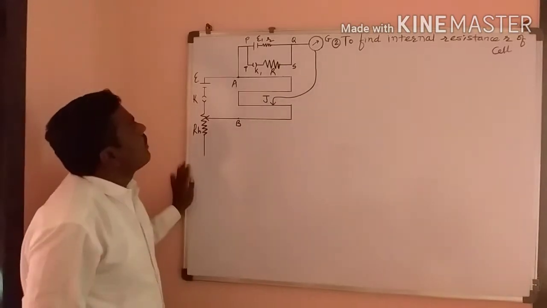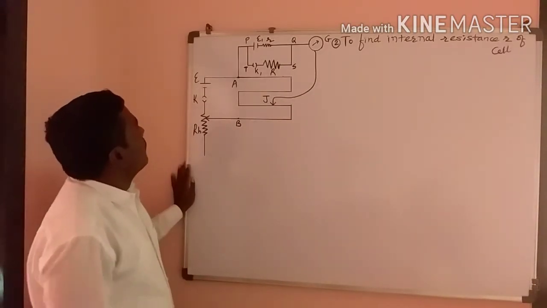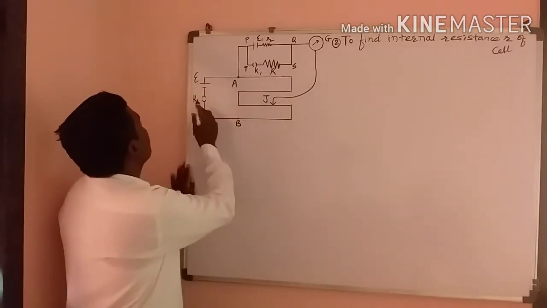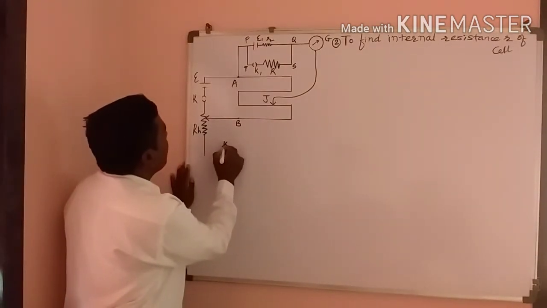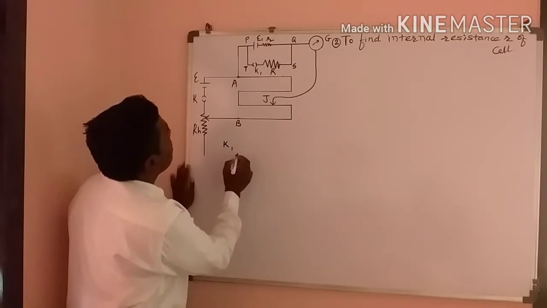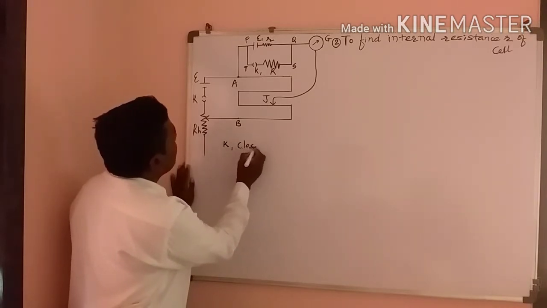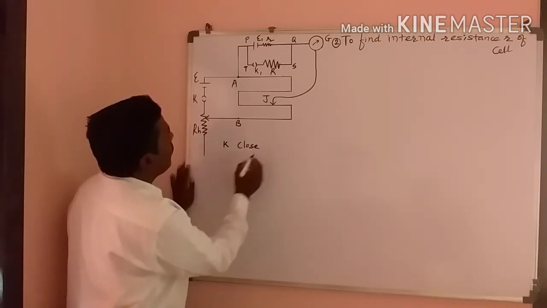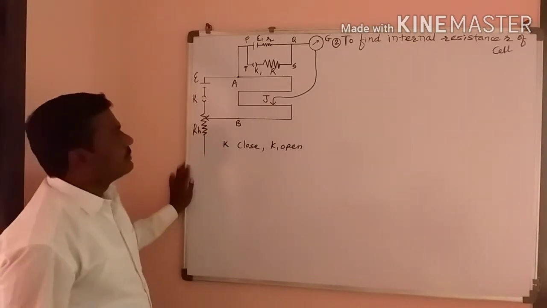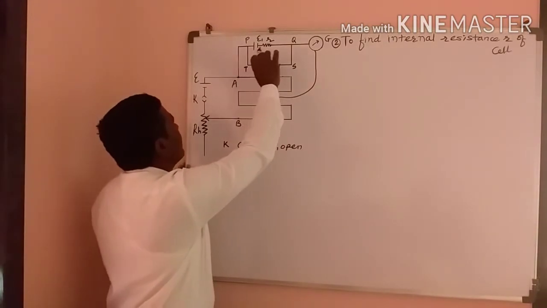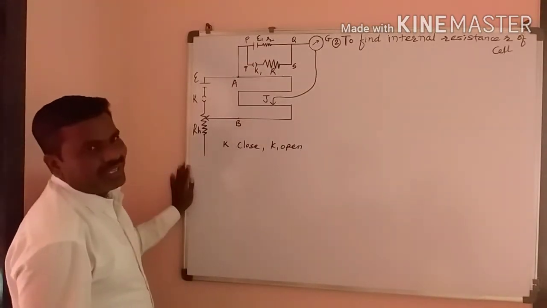Now, when key K is closed and K1 is open, the cell E1 is in the circuit.